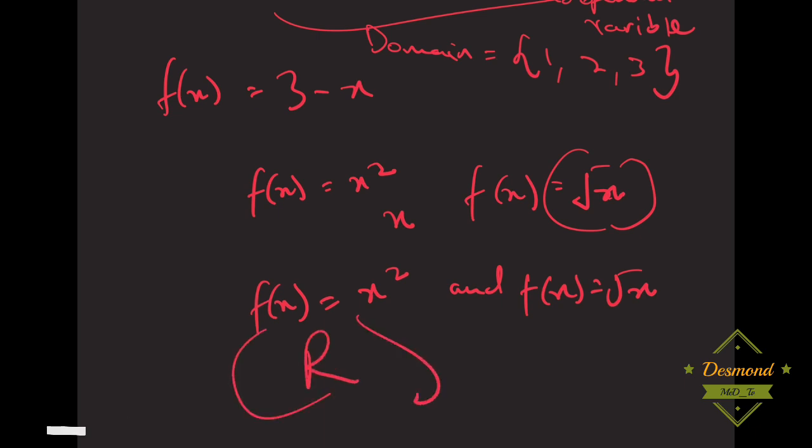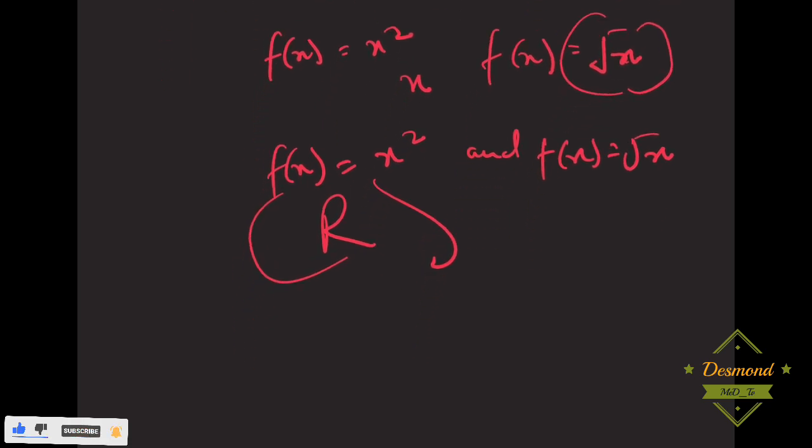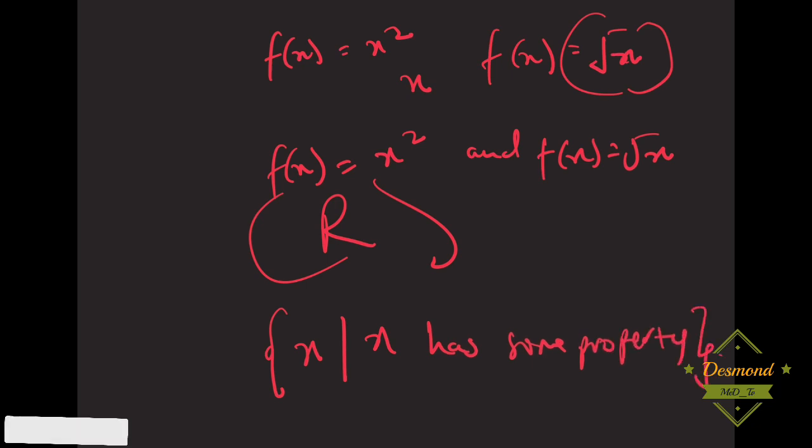We can write it as the x, then cross this line, then x has some property. Let me write it this way, some property right there. So we read this as the set of real numbers x such that x has some property.